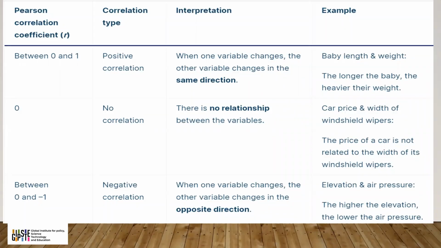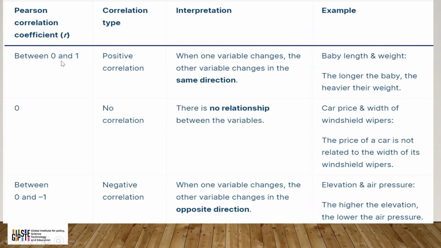So if you look at this particular table, we have the various interpretation range, correlation type, then example. So let's look at that. We look at the first column, that is the Pearson correlation coefficient. We have between 0 and 1, we have 0, then we have between 0 and -1.